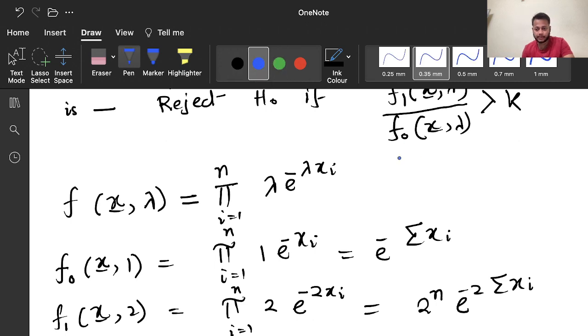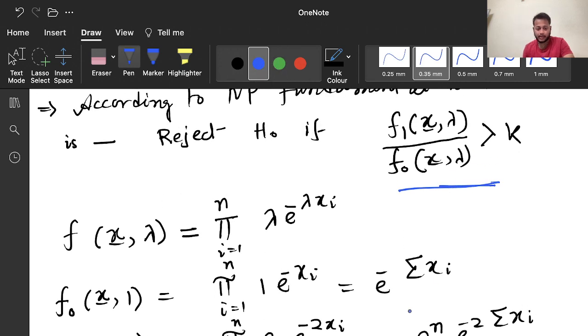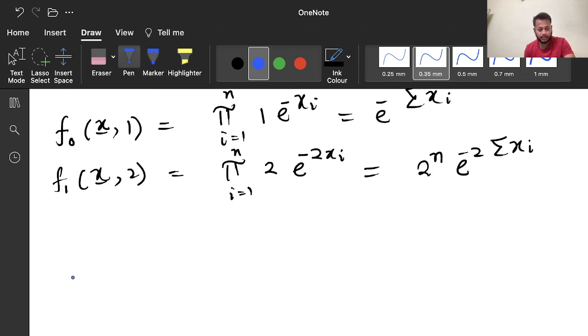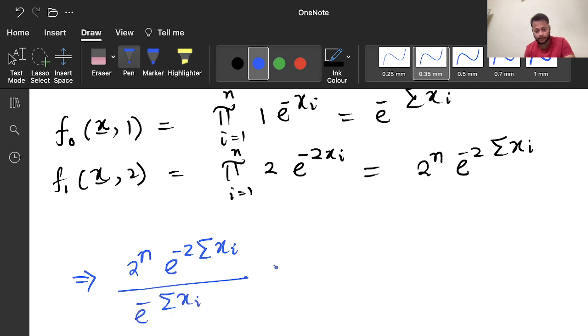Now under this condition, if we put the distributions f0 and f1, we get 2 to the power n e to the power minus 2 summation of xi divided by e to the power minus summation of xi, greater than k.